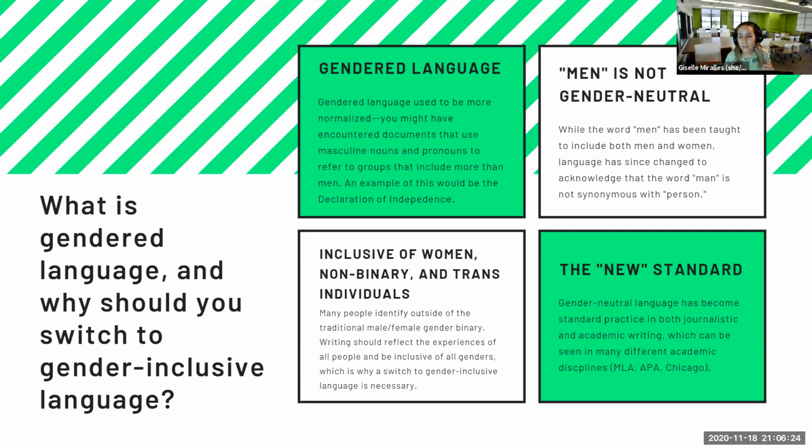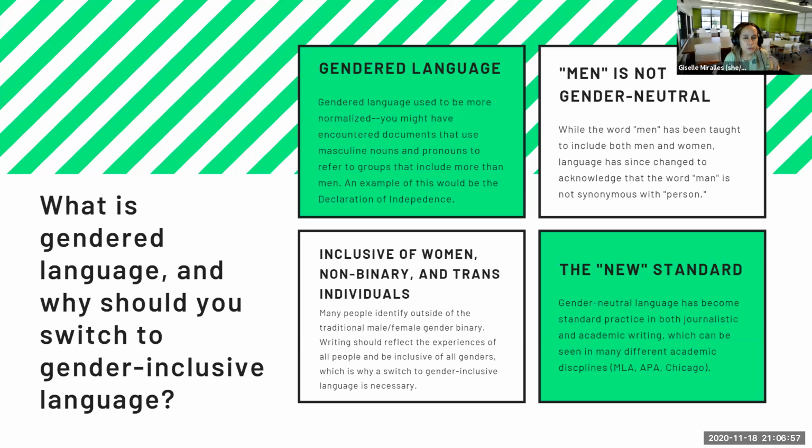A very famous and common example of this is the Declaration of Independence, the famous line, "All men are created equal." Obviously, that line today has a different meaning than when it was written way back when. But using men to refer to men, women, and non binary individuals is no longer seen as gender neutral.